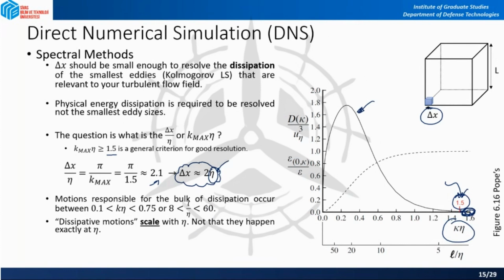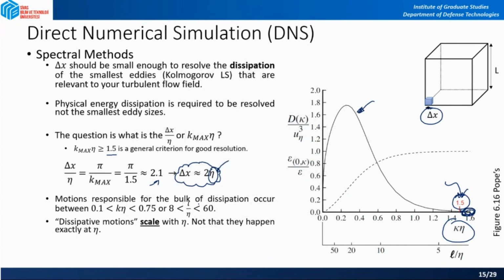This is because dissipation motions scale with eta, not that they happen exactly at eta. So do not get the wrong message that dissipation exactly occurs at eta.